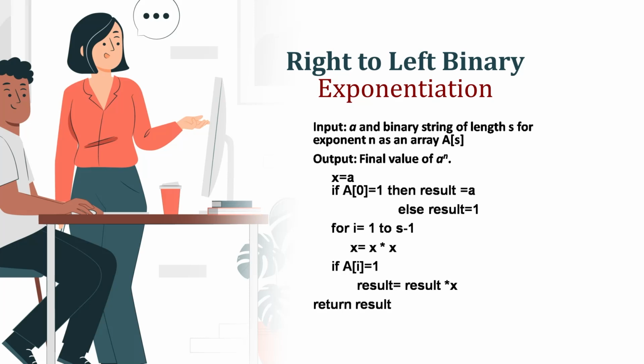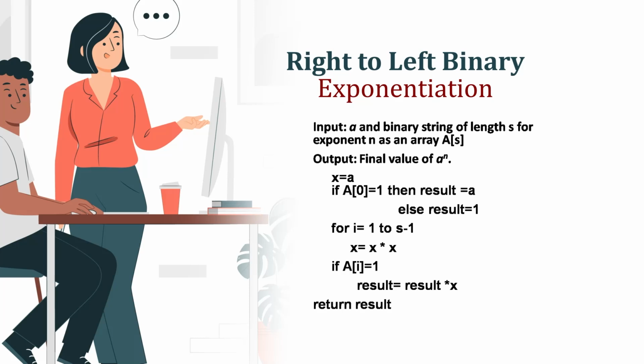Okay, so what is the input to this particular algorithm? The value A on which we are doing the exponentiation, right? The example which we took was, the value of A was 4.